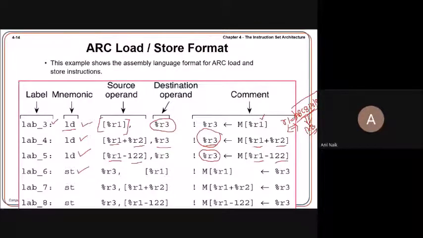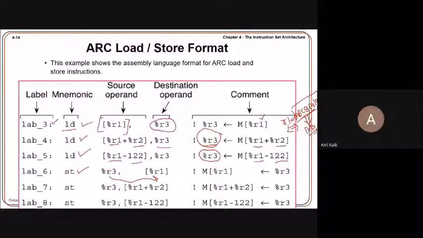Store instruction is opposite. Previously we used to load the content of memory location that is specified by the register to the destination operand. Here we are storing the content from the R3 register to the memory location that is specified by the R1 register.